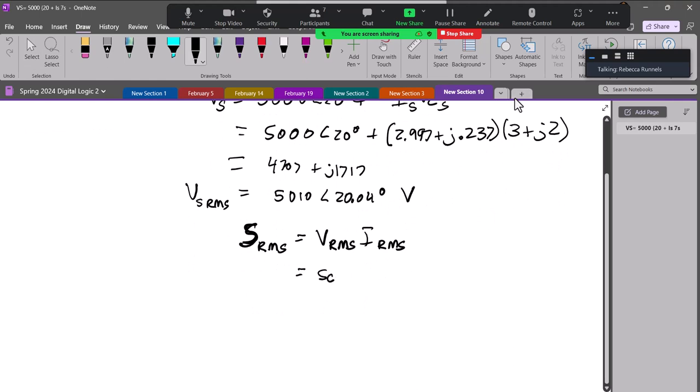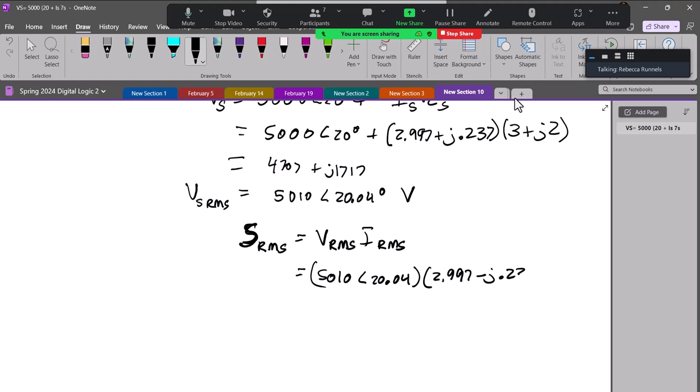So we have 5010 angle 20.04 times I RMS, which was 2.997 minus j.237, and that equals 15063 angle 15.52 degrees, and that's VA.